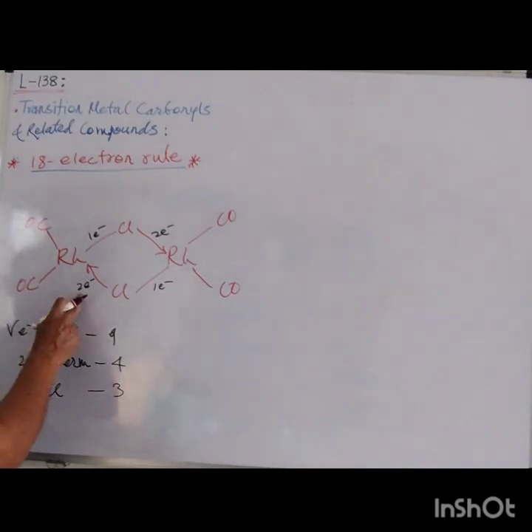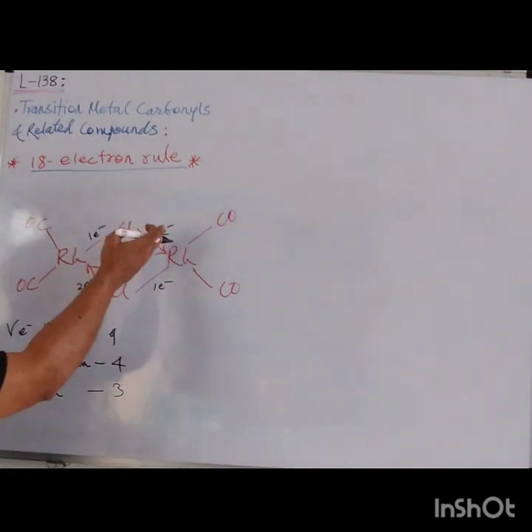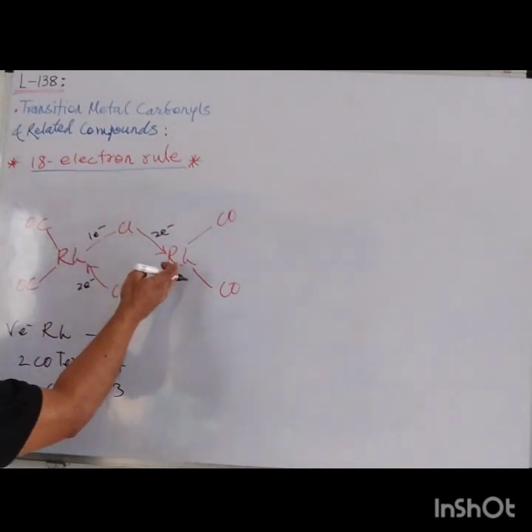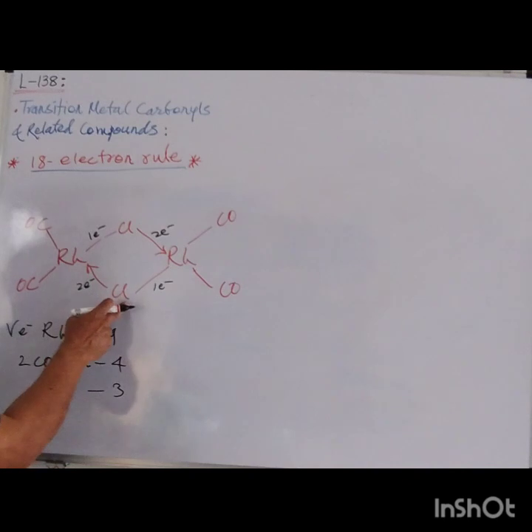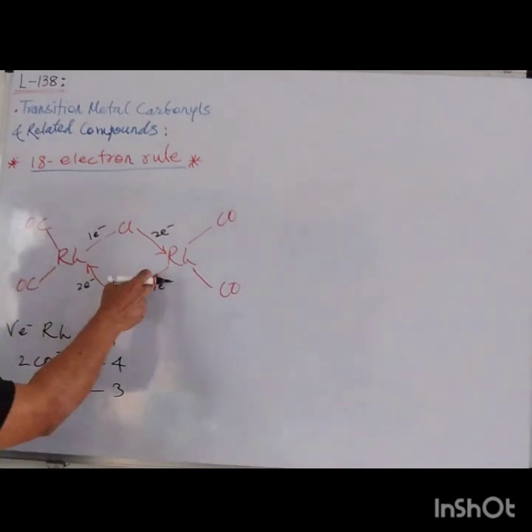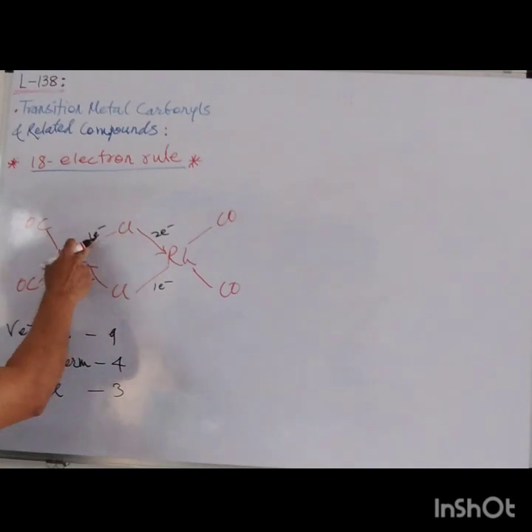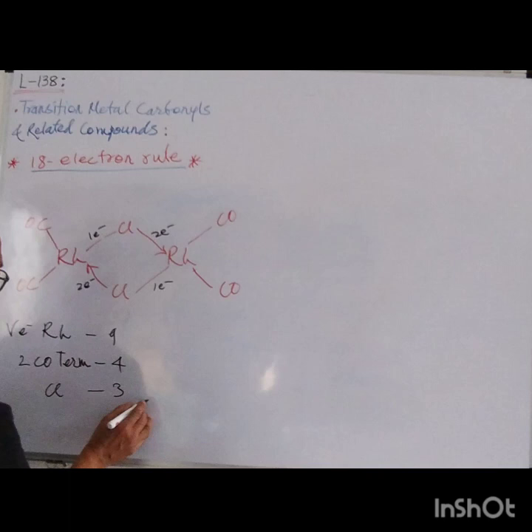So you can count 2 electrons by this chlorine, 1 from this. This chlorine contributes 2 electrons to this Rh, 1 here. Similarly this Cl contributes 1 electron here, 2 electrons here.